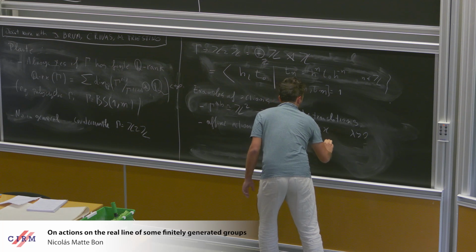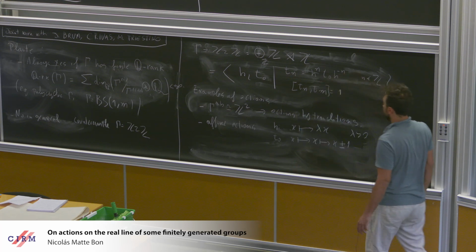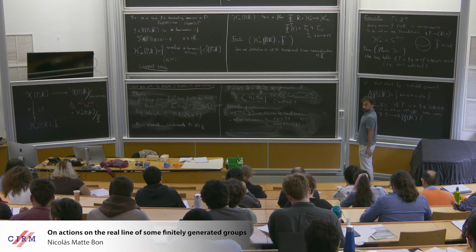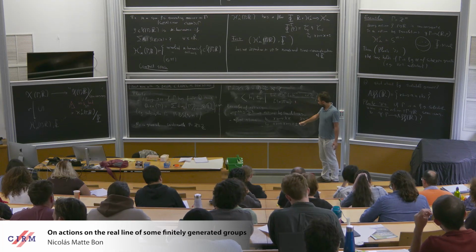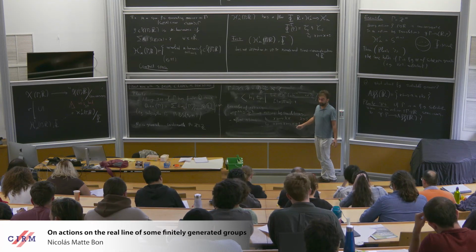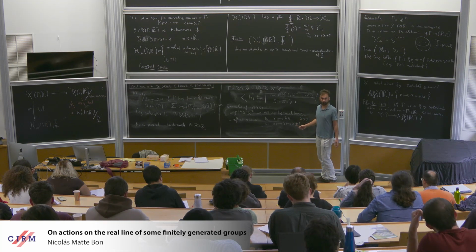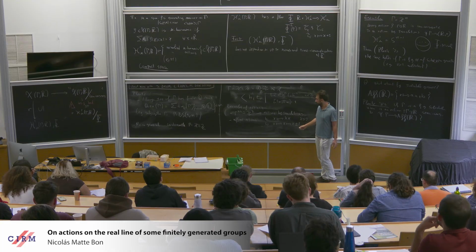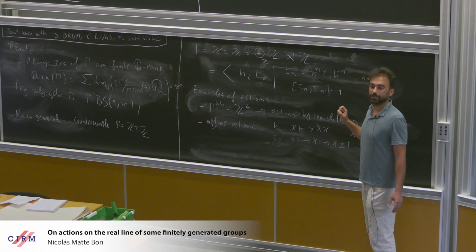Well, you can renormalize up to a scalar factor, so the only case to consider is translations by plus or minus 1. And this actually defines an action of this group, and you check it by the presentation, because when you conjugate a translation by a homothety, it's still a translation, so it commutes. So for all lambdas, this gives you an action of this group. It's not always faithful. It's actually faithful exactly when lambda is a transcendental number. If it's an algebraic number, it's not faithful.